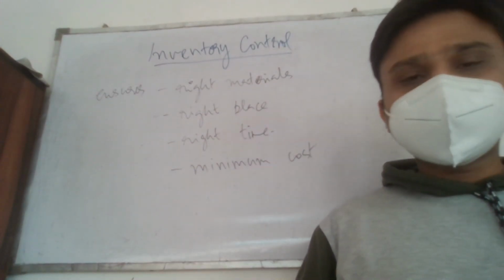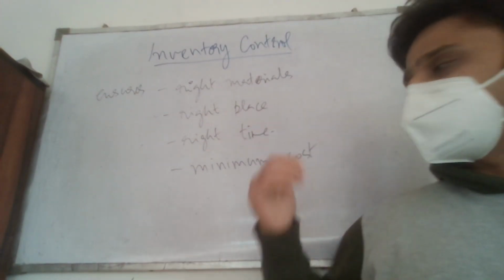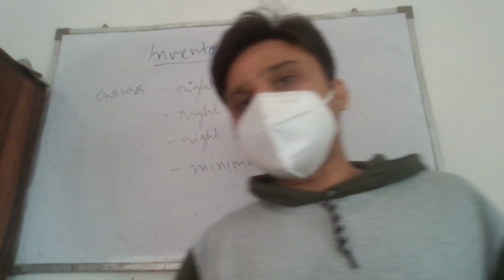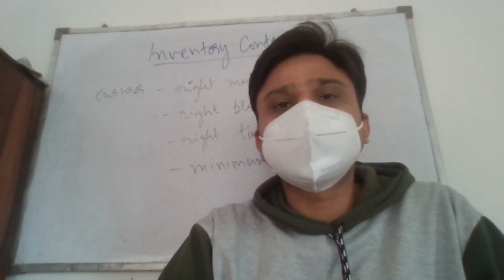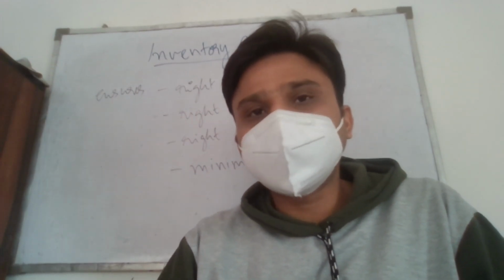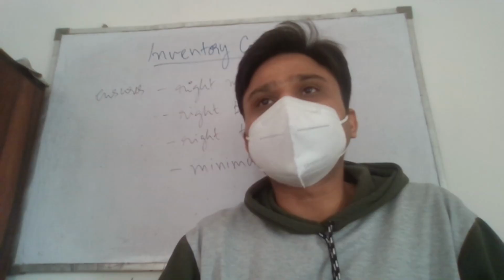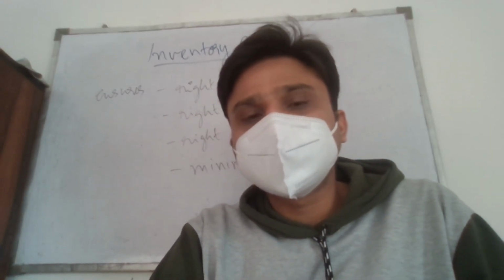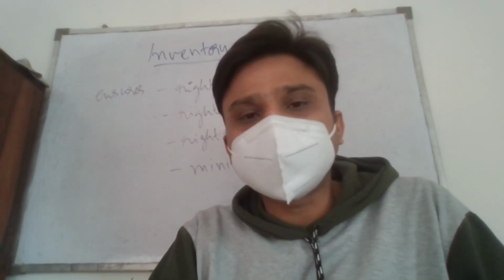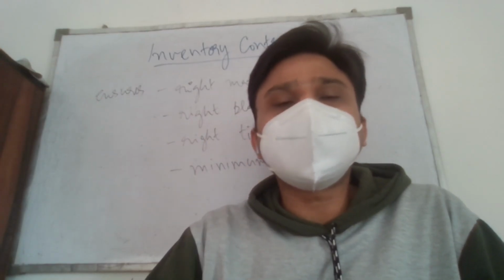The objectives of inventory control are basically minimizing the carrying cost of the production. And it also prevents stock out. That is, the number of items do not go below zero. That is the definition of a stock out. We want to maintain smooth production flow.